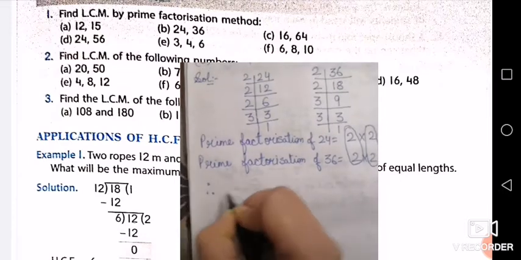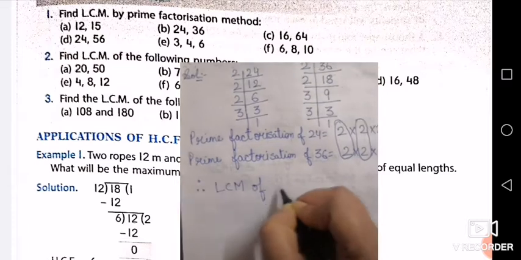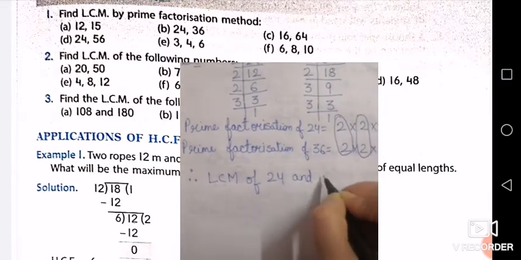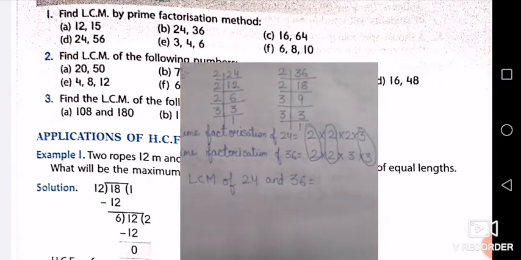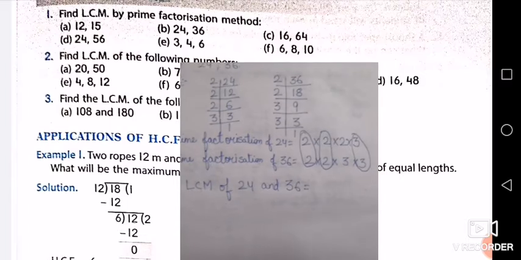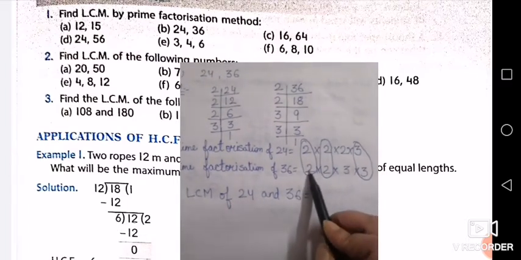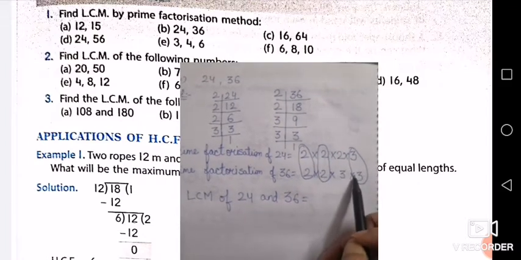Therefore, LCM of 24 and 36. So what will be the LCM? The numbers which are common. Like in this prime factorization, you can see 1, 2 is common, 2, 2 is common, and 1, 3 is common.